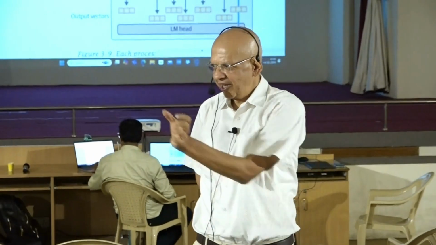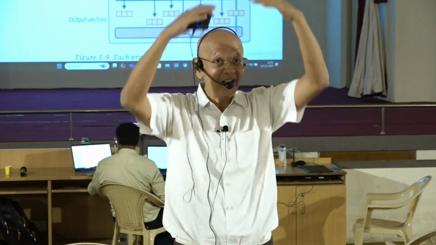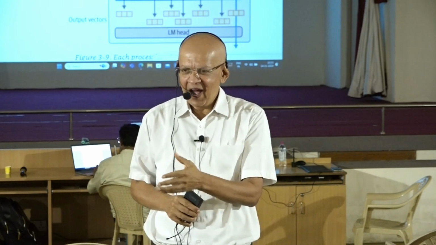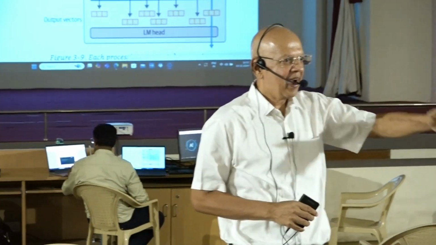Did you notice? It has ignored the first 5 vectors. It said, I am not interested in them. I am only interested in the last one. So, somehow, during this processing, what must have happened? This last one has gathered substantial information about the rest of the tokens, about the context of the language.